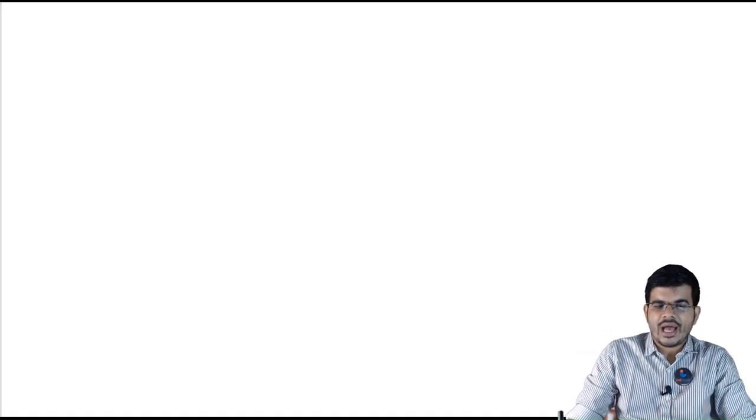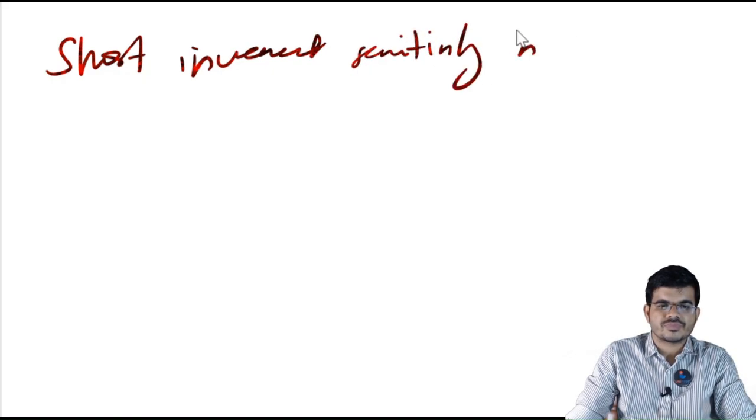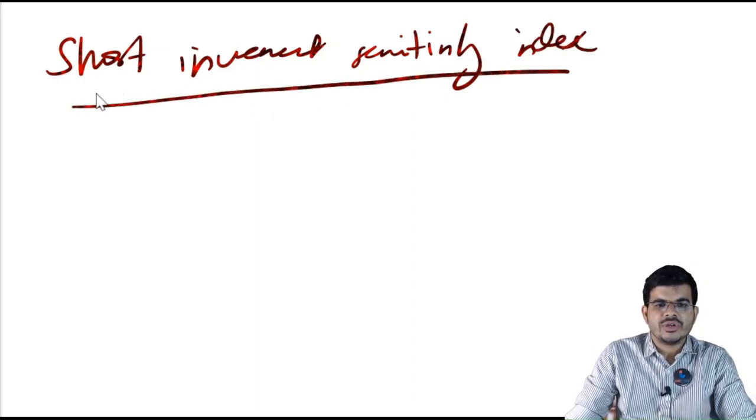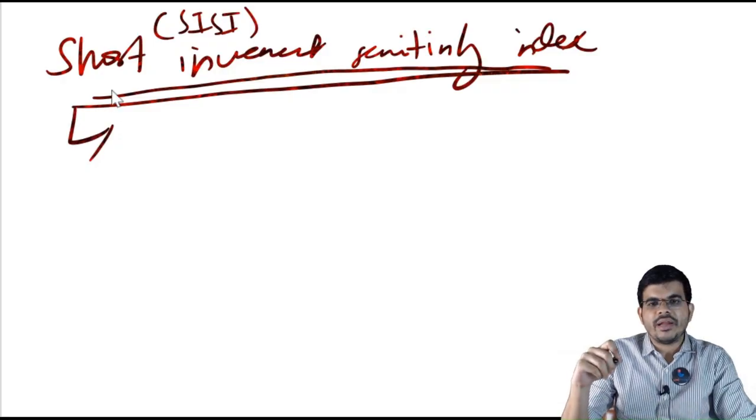Now there is another test that you have to know. What is that? Short increment sensitivity index. Why do you need to do this test? This is also to look for recruitment. How is it being done?